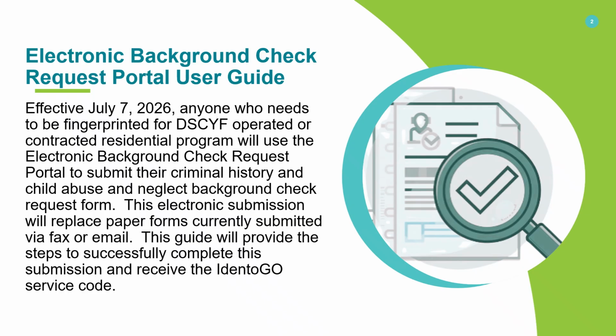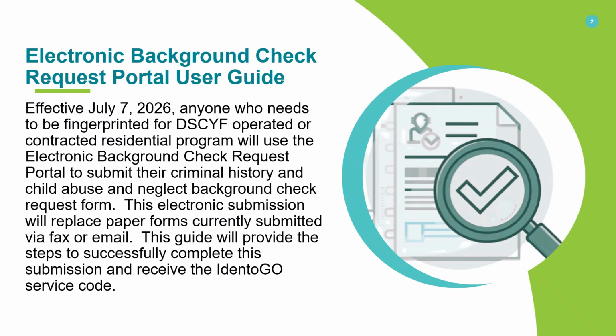Effective July 7th, 2026, anyone who needs to be fingerprinted as a prospective employee, volunteer, or intern at a DSCYF operated or contracted residential program will use the electronic background check request portal to submit their criminal history and child abuse and neglect background check request form.